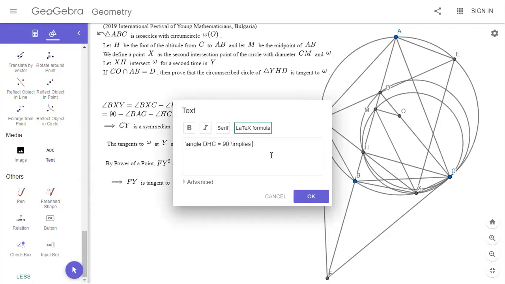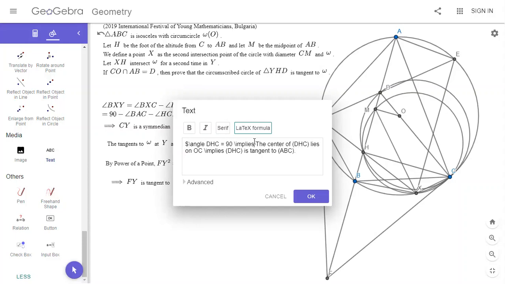That means that the center of DHC lies on OC, and that means that DHC is tangent to ABC. All right.